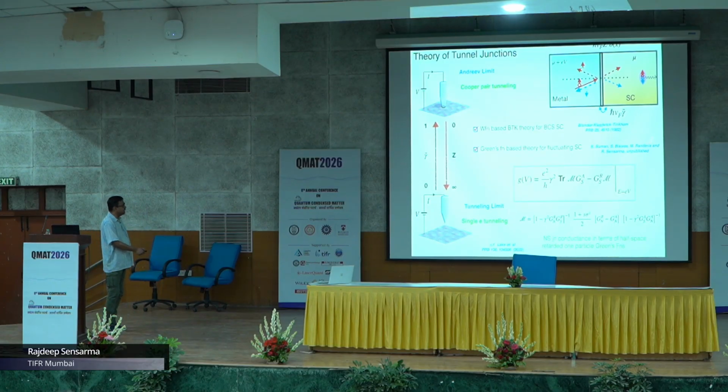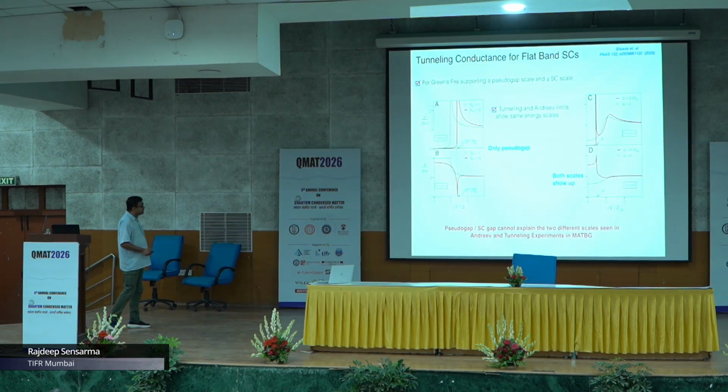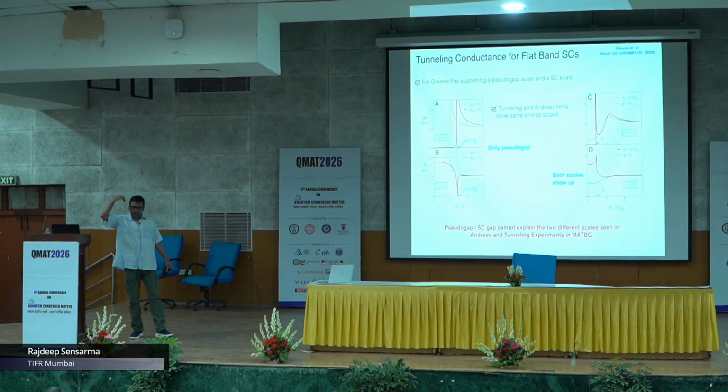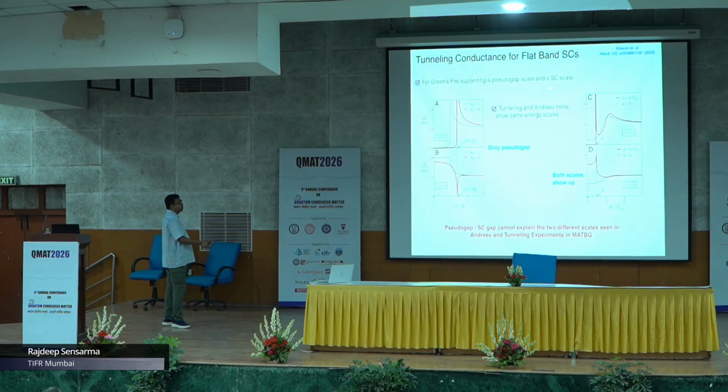And this is independent of how strongly interacting your system is. There's no approximation of weak coupling or BCS type things here. Of course, once you know some phenomenological forms for pseudogap Green's functions, strongly correlated Green's functions, superconducting, you can put them in. And you can put Green's functions which support both a pseudogap scale and a superconducting scale. And what you see is the following.